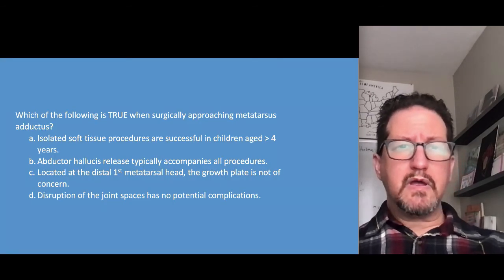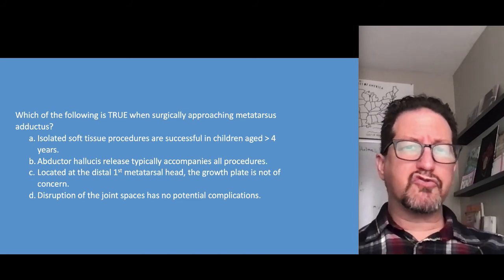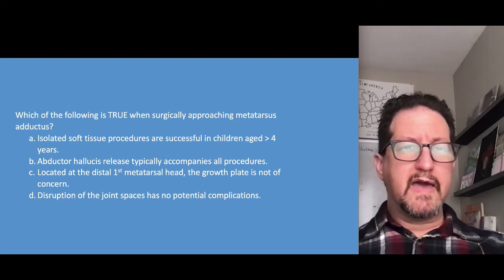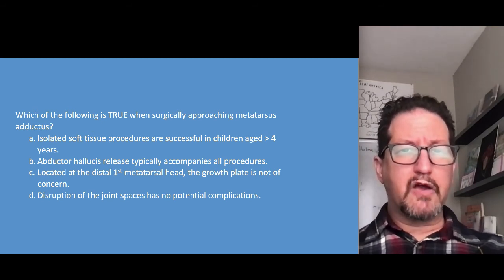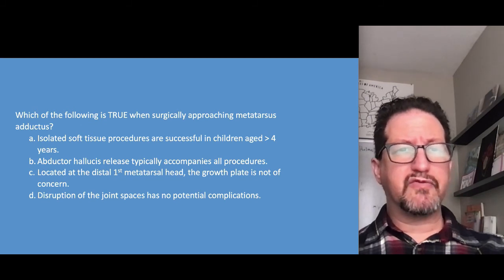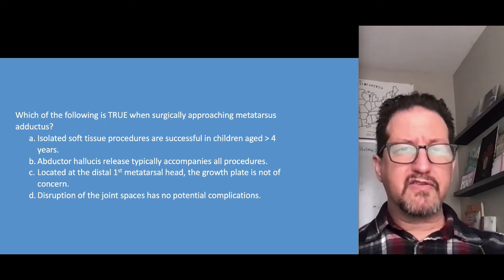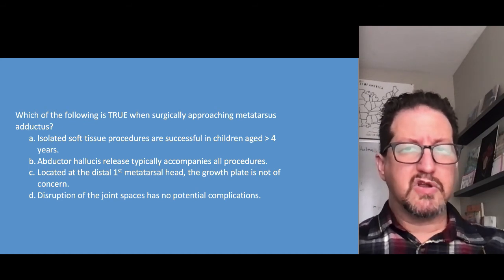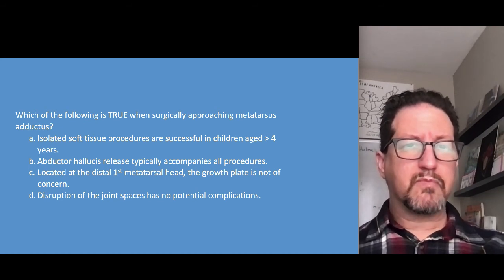Which of the following is true when surgically approaching metatarsus adductus? A. Isolated soft tissue procedures are successful in children aged greater than 4 years. No. In fact, isolated soft tissue procedures are done in younger children, not in older ones. B. Abductor hallucis release typically accompanies all procedures.